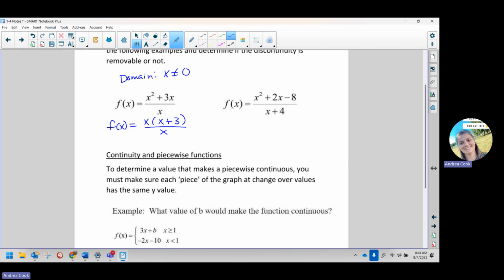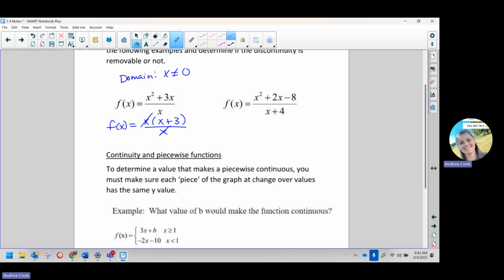And I can cancel out that x, right? Or I can cancel out the x and be left with x plus 3. So what is happening at 0? It's a hole, right?